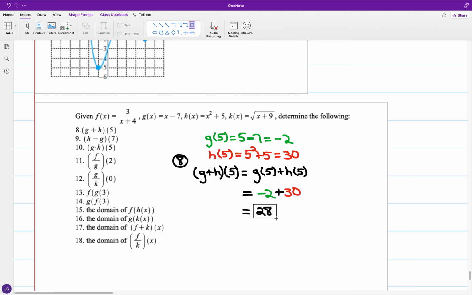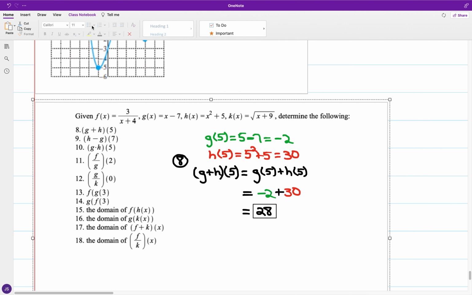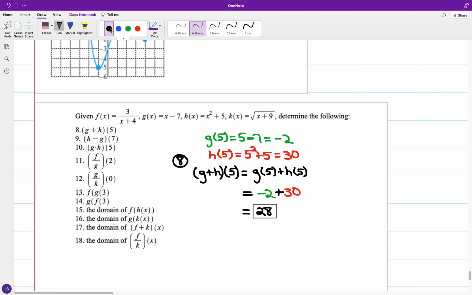All right. Now in the case of number 9, we are looking at h minus g of 7.